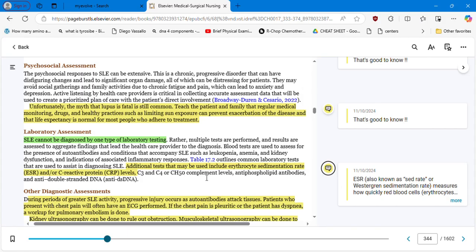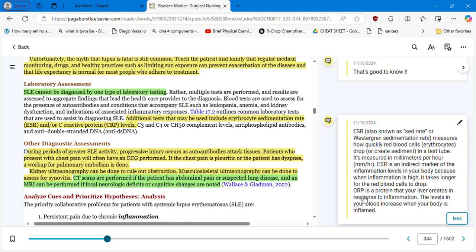Additional tests that may be used include ESR, which is your erythrocyte sedimentation rate, and your C-reactive protein, CRP, levels. And as I explained in class, ESR is basically your Western sedimentation rate that measures how quickly red blood cells drop or create sediment in the test tube, right?